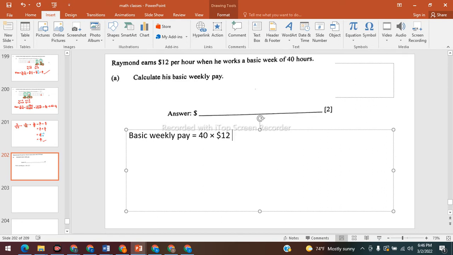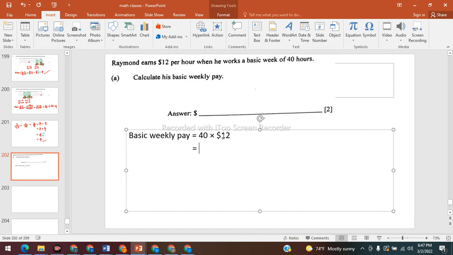That's the $12, the amount that he got per hour. So this means he's working 40 hours and he's getting $12 per hour. So his basic weekly pay is going to be 40 times 12.